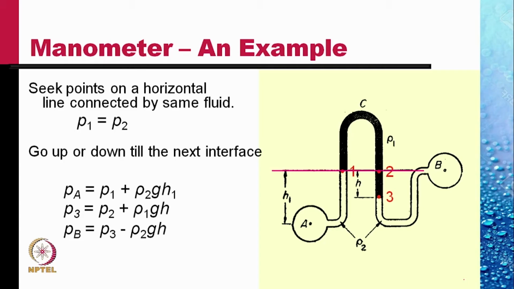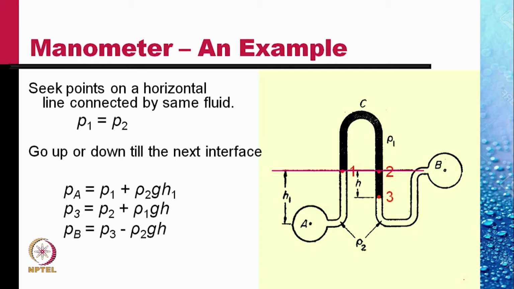Similarly, P3, which is below P2, is equal to P2 plus rho 1 gH, where H is the height of column 3 to 2 and rho 1 is the density of the fluid there. Similarly, PB is equal to P3 minus rho 2 gH, since B is higher than point 3, so the pressure is lower.